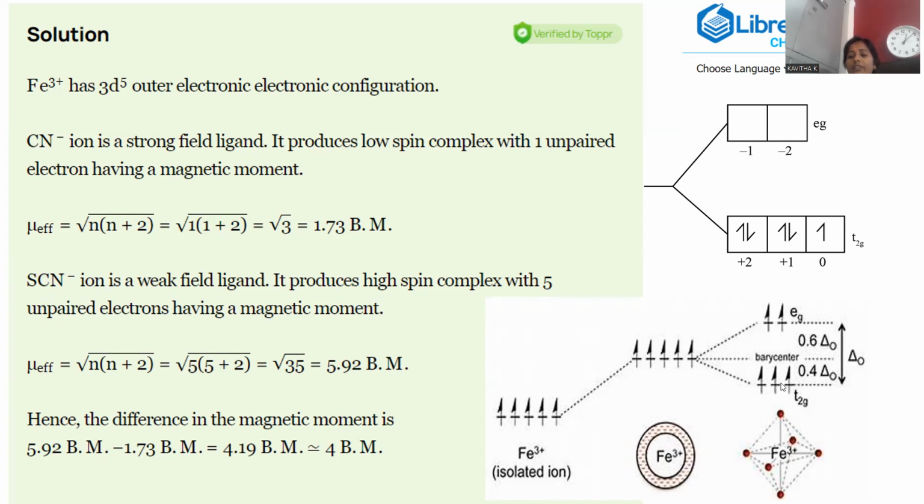All 5 unpaired electrons contribute to the magnetic moment, so n is 5. Root of 5 into 5 plus 2, that is 5 into 7, which is 35. Root of 35 is calculated as 5.92 Bohr magnetons.